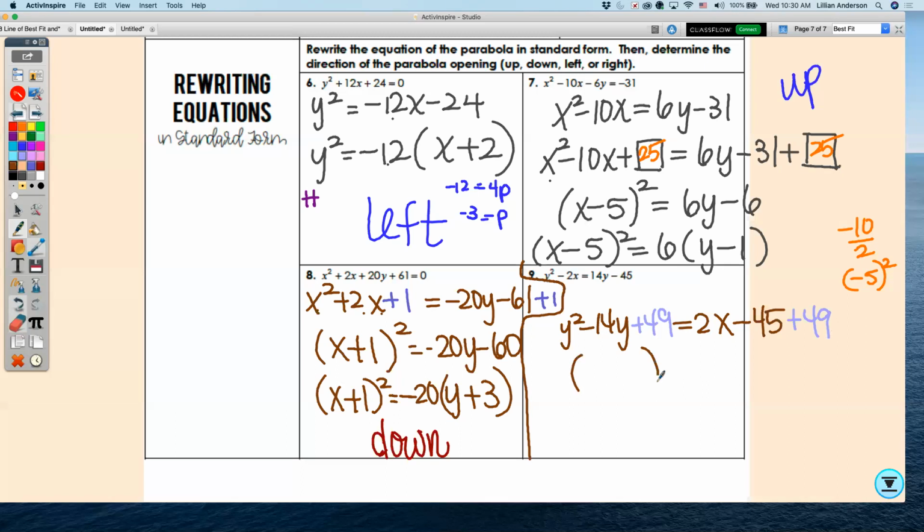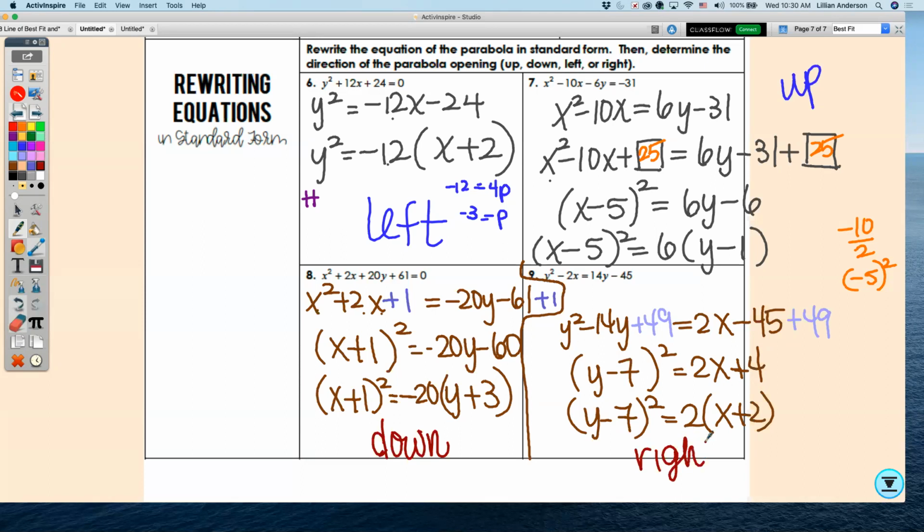So this factors down to y minus 7 squared. And over here it becomes 2x. There you can see your GCF is 2, so I have 2 times x, and this opens right.